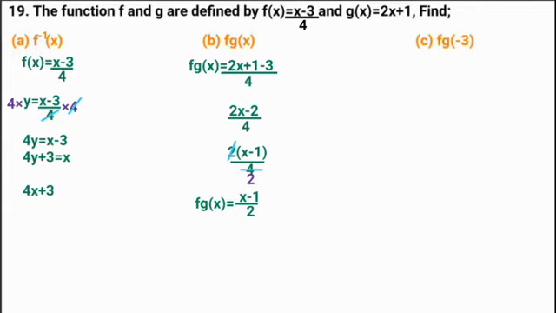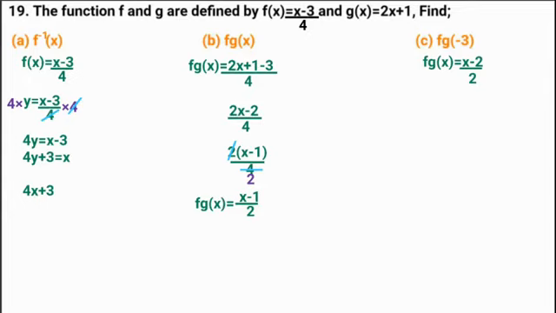Now once I've found this, we can go to question C, which is asking us to find the value of fg -3. So what I'm going to do is use the same formula I just found in question B. So I'm going to say fgx is equal to x minus 2 over 4.